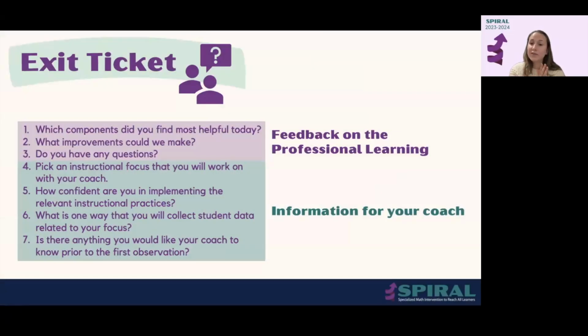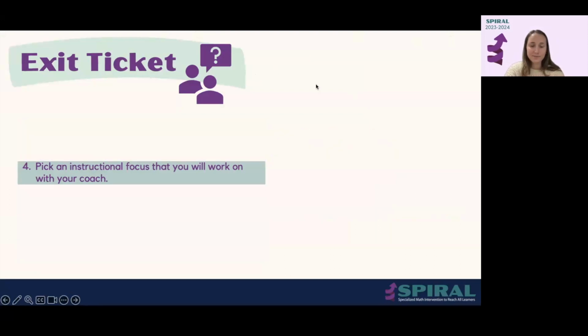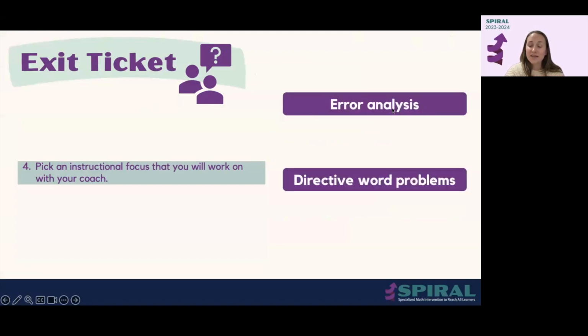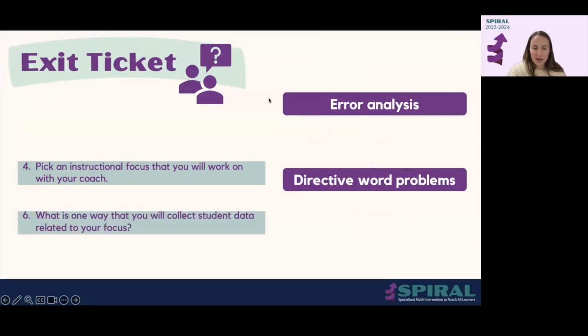So, just like at the end of our last professional learning, we have 3 questions with just basic feedback from the professional learning. And then you're going to be answering questions that will be sent directly to your coach to help inform them of your needs. The first question that will be sent to your coach is pick an instructional focus that you will work on with your coach. And like I said, those options are error analysis or directive word problems. And then number 6 is what is one way that you will collect student data related to your focus?